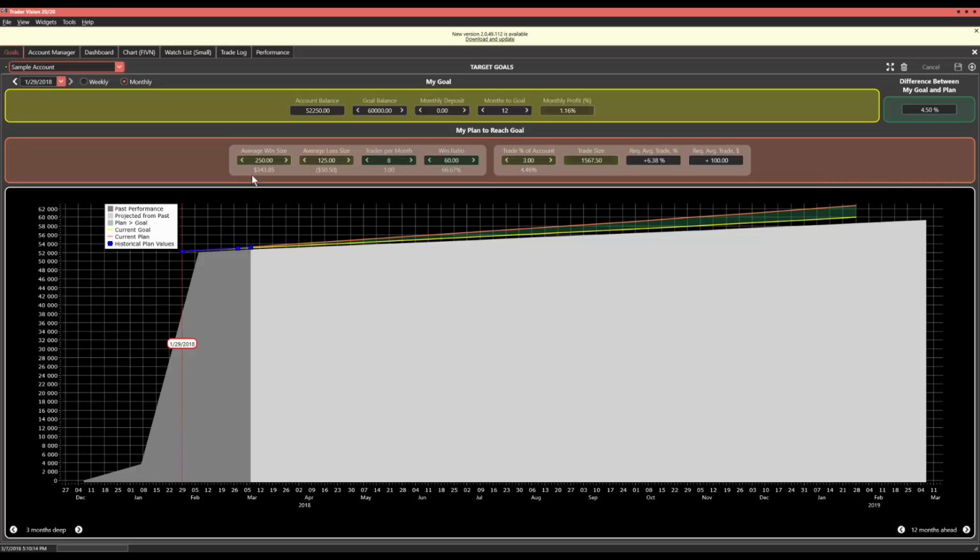And additions to the account, like I put $50,000 in, or I took $10,000 out, or whatever it is, will not be reflected in the trade values. It's only reflected in the account balance.